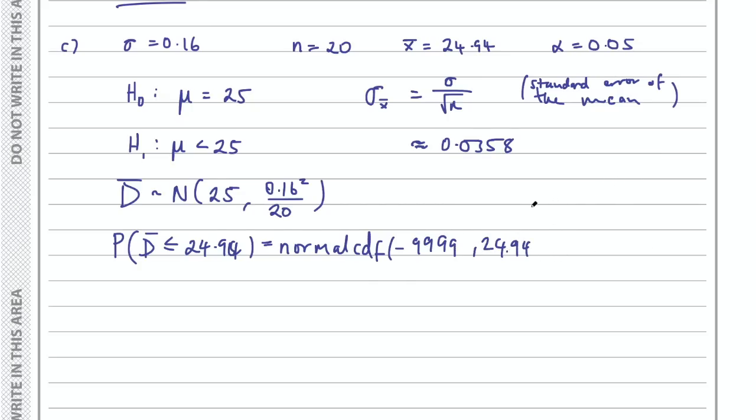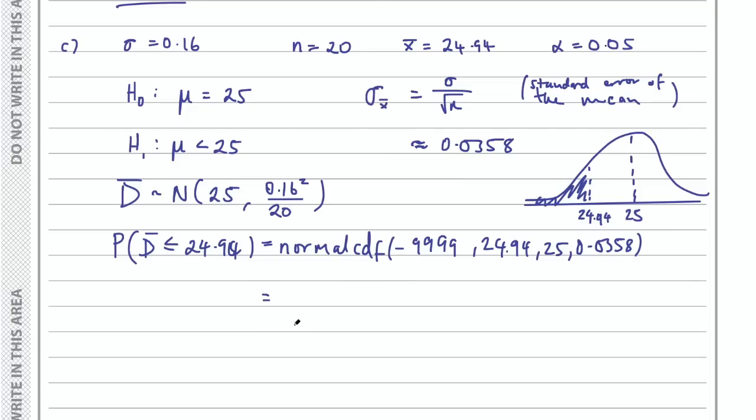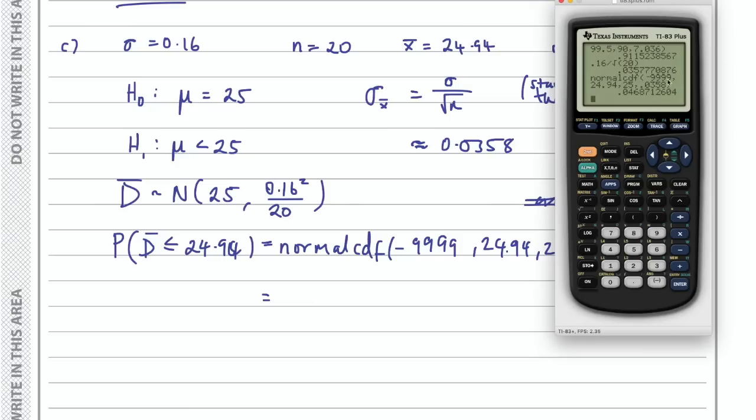On our normal distribution, we're assuming a mean of 25, and we have a sample mean of 24.94. We're looking for this probability, and we're going to compare that to our significance level to see if it is significant. Let's see what we get here. Entering all of that, I get a probability of 0.0468.